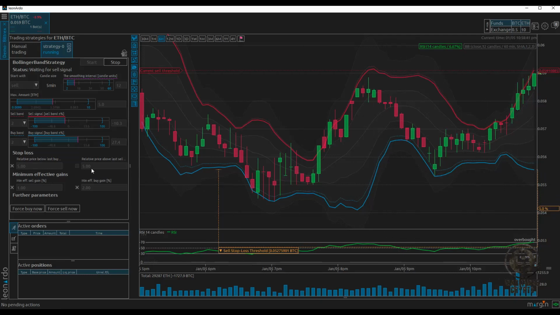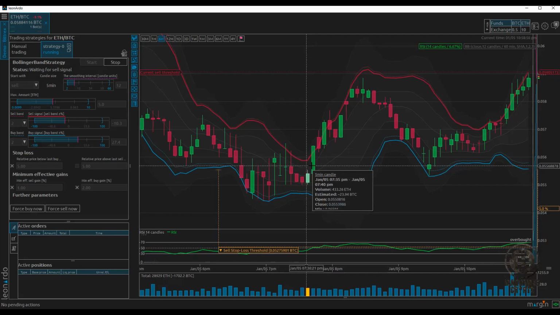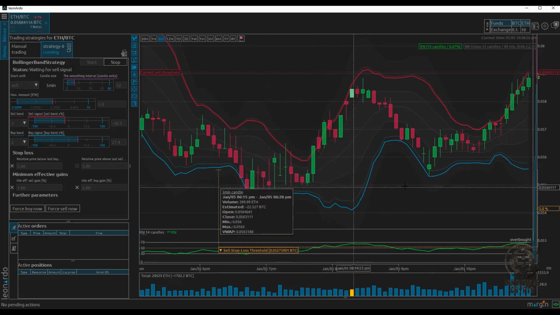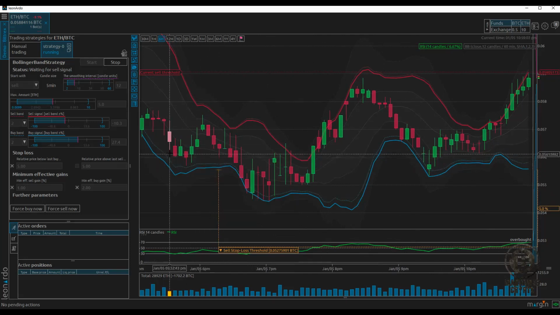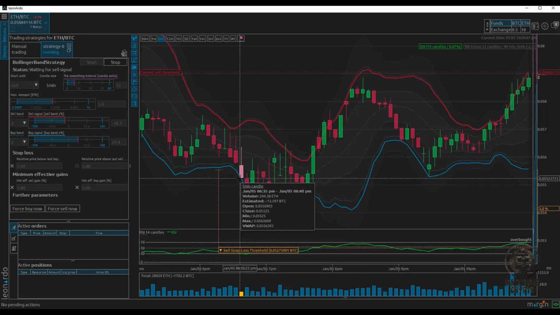Yeah, I forgot to mention the minimum effective gains. This shows you how much guaranteed profit you would make with a trade. Let me see if I can show you on the screen. Imagine the bot would have made a trade, let's say here, for example.